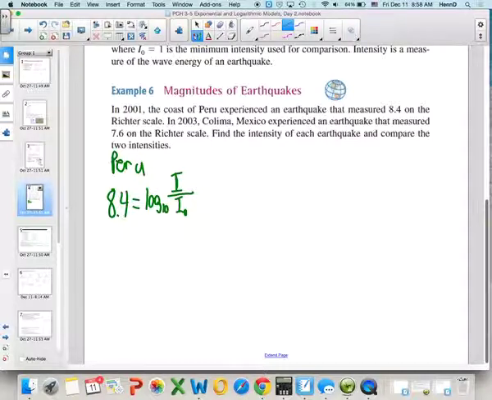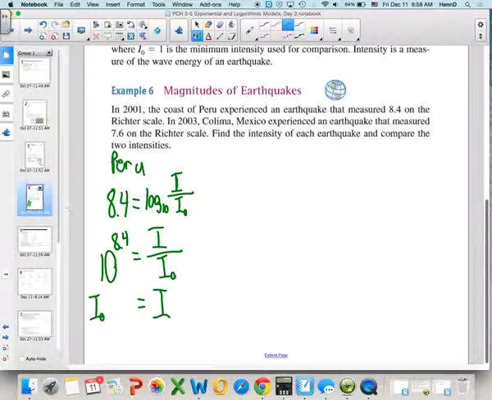Let's write this as an exponential and make this 10 to the 8.4 power equal to I over I sub naught. Right? Okay? So now we know that the intensity level in Peru was whatever I sub naught is times 10 to the 8.4. Okay?